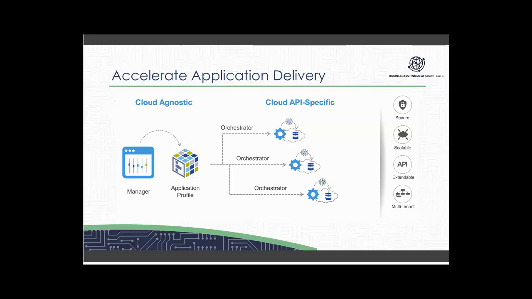It translates it all into the individual cloud's language, or the local cloud's API. So if you have things like firewall rules or instance sizes, it can translate all that into a local cloud. Now, all of this comes with security.